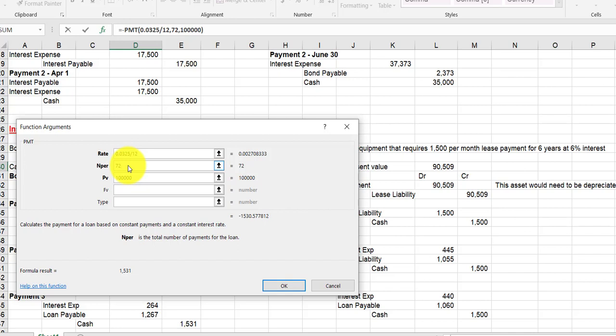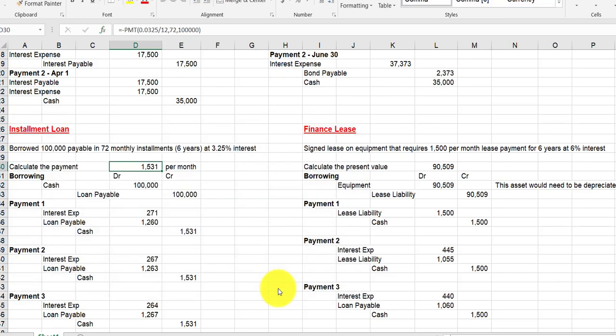Then the number of payments and how much you're borrowing. Click on OK and you'll get the payment. I rounded this, okay? So 1531. So borrowing the money on a loan payable like this is a debit to cash and a credit to loan payable.